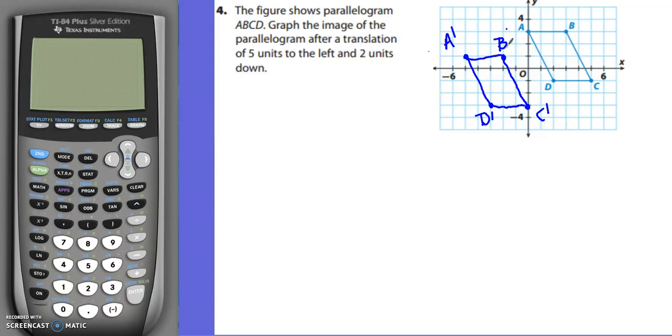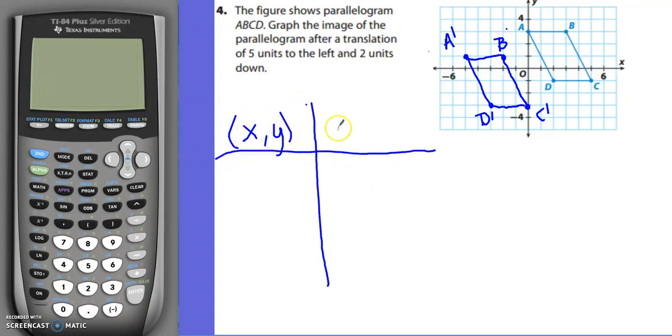Okay, so that's graphically. Now if we look at it mathematically, we have the ordered pairs x, y, and we're going 5 to the left. When you go to the left, it's like subtracting. So we're going to subtract 5 from x, and we're going to go 2 units down. So that's like minusing 2. So if we take the original ordered pair, A is 0, 3.